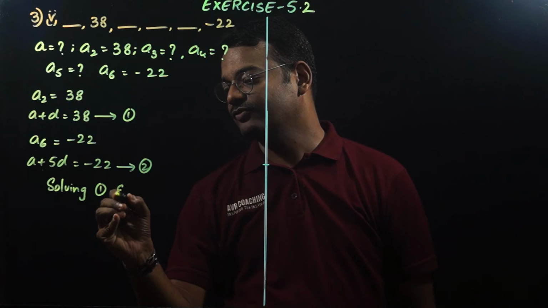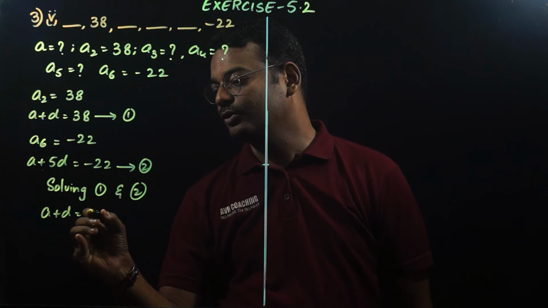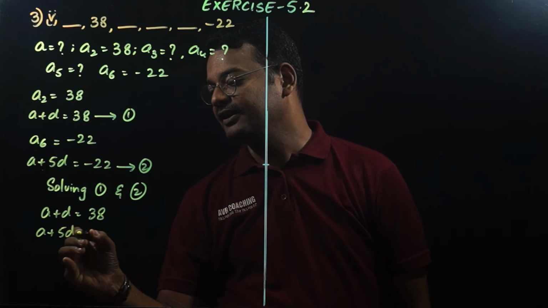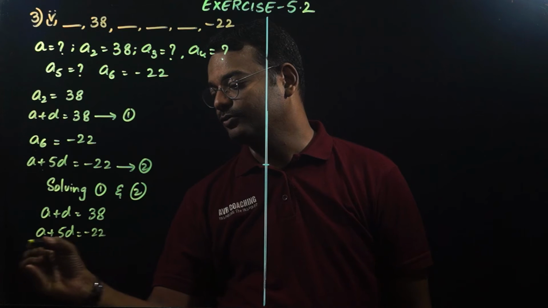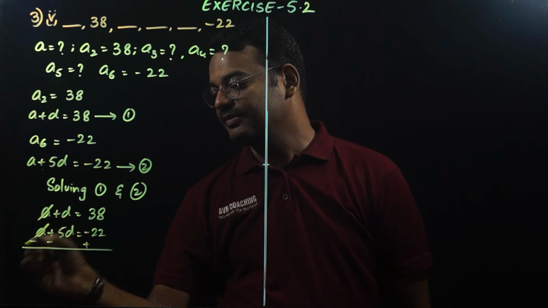Solving equation 1 and 2, we have A plus D equal to 38 and A plus 5D equal to minus 22. So the signs will change. Minus A plus A gets cancelled.